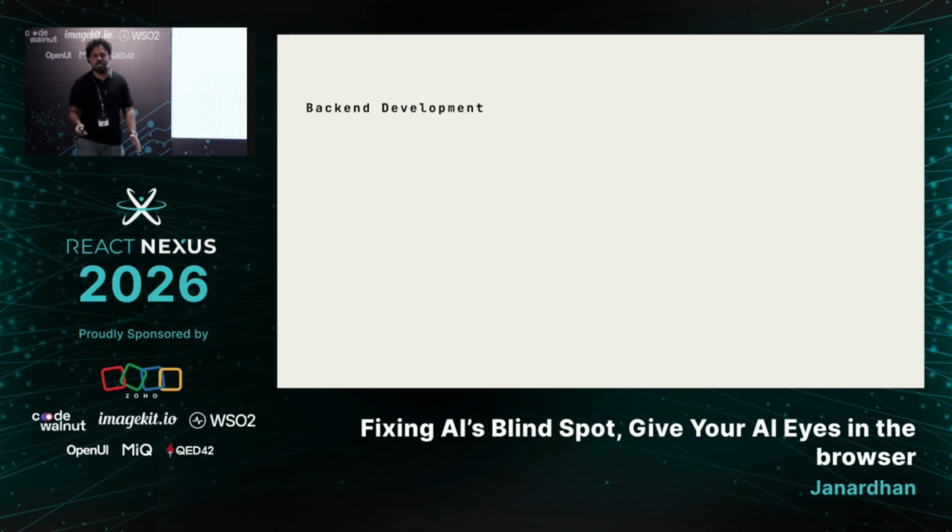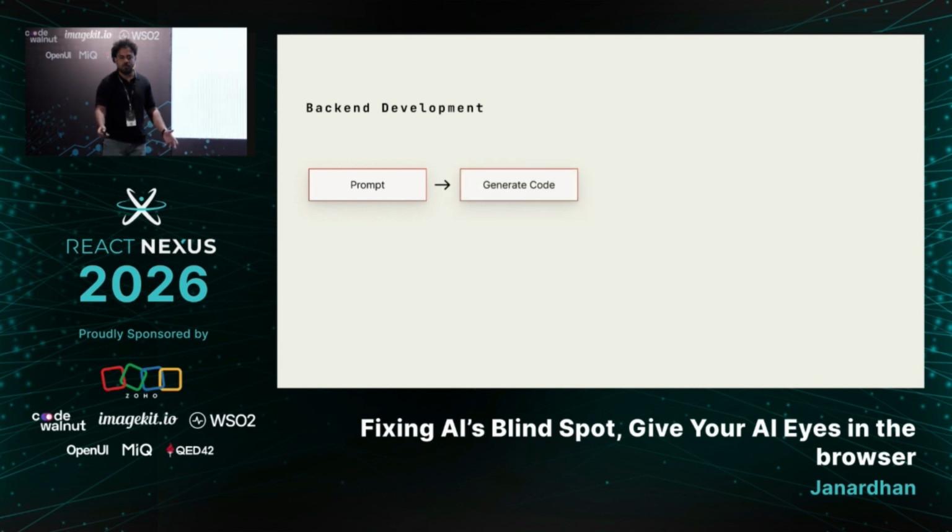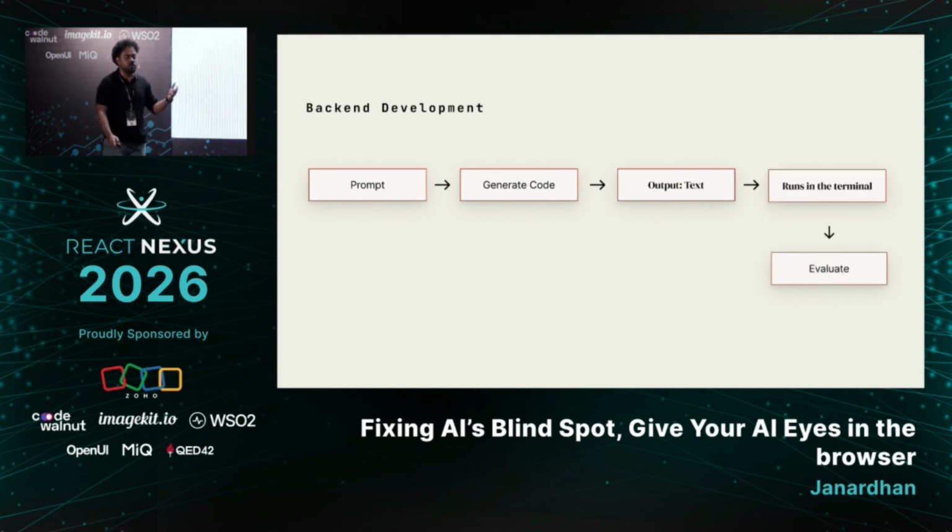So in the backend, normally what happens is, when you have a requirement, you prompt that requirement, build this API, right? And the agent will generate the code, and the output of the generated code is text, it's code, right? It runs in the terminal for the backend, and then it will evaluate, it will run unit test cases, integration tests, and everything, and then validate whether that new API is working as per the expectation or not.